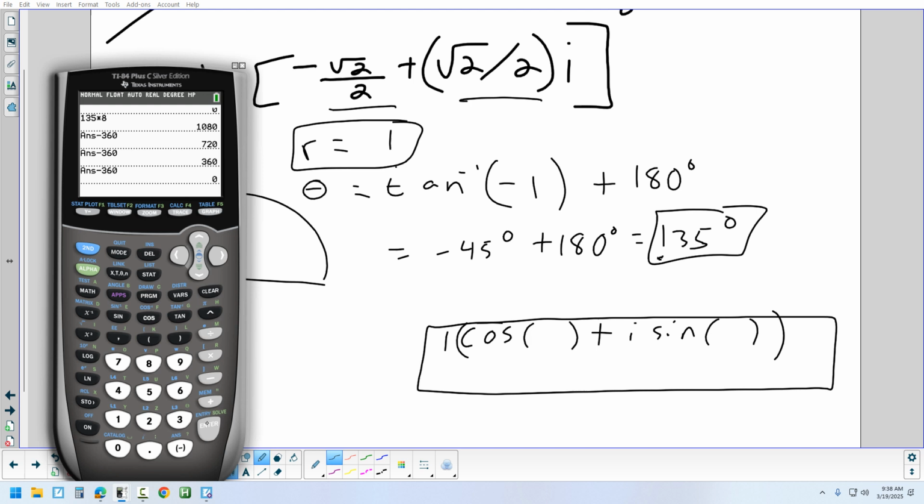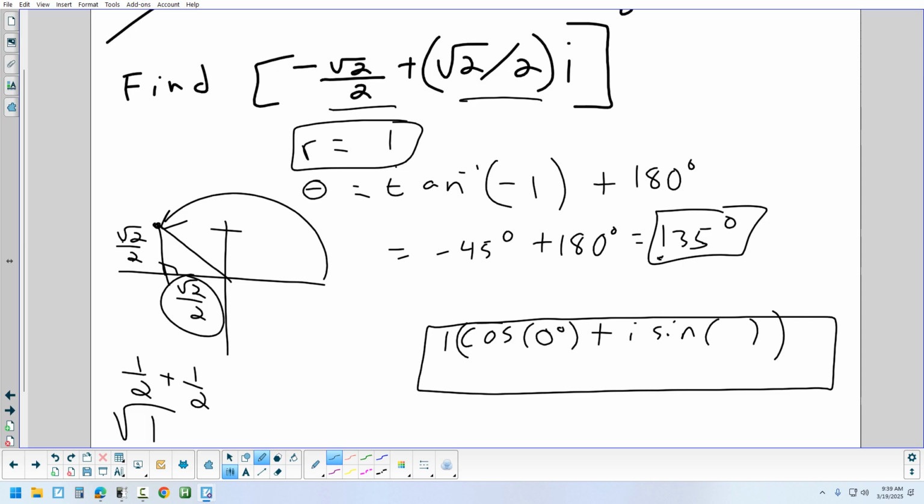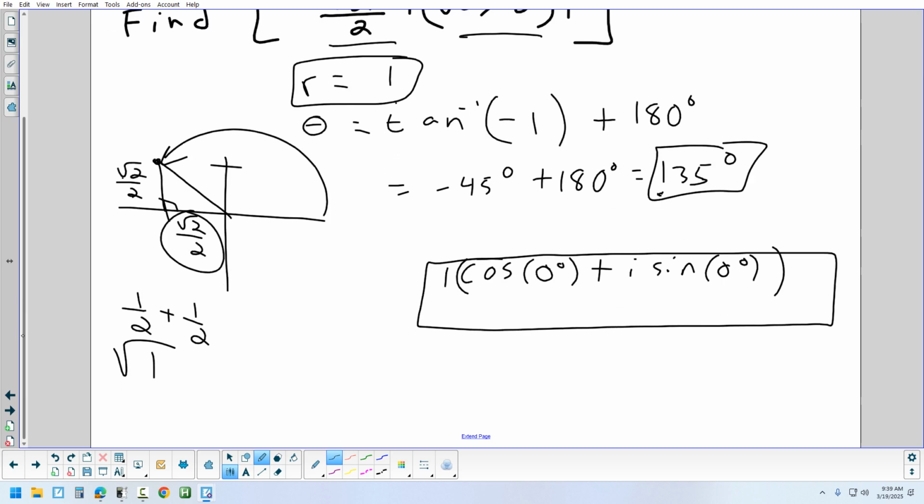So 1080 is just 3 revolutions. So it's the same as 0 degrees. That would be your final answer in trig form. You could just write cosine 0 degrees plus I sine 0 degrees. You don't need to put times 1.